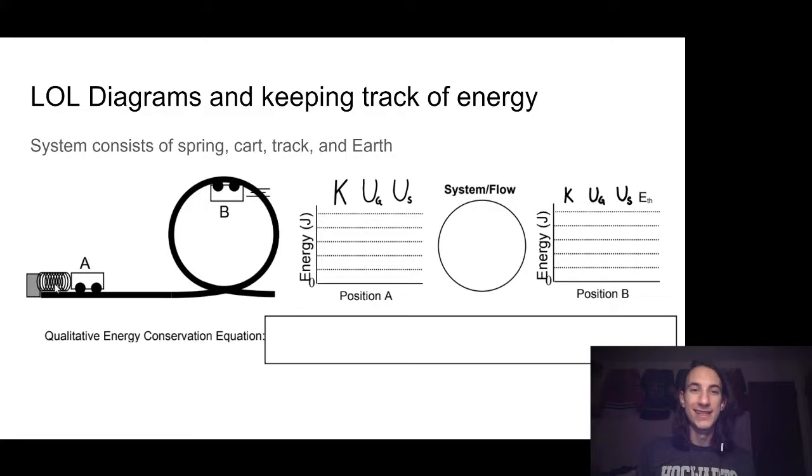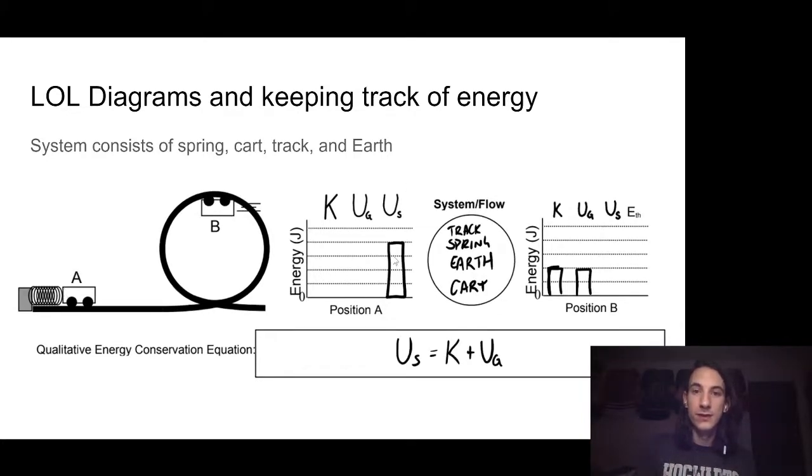All right, so at point A, let's go through our checks. At point A, we're not moving, we're not at some height above zero, but we do have a compressed spring. So we can say, oh, well, we do have this spring potential energy. At point B, we're moving, and we're at some height above zero. So we have this gravitational potential energy, and we have this kinetic energy.